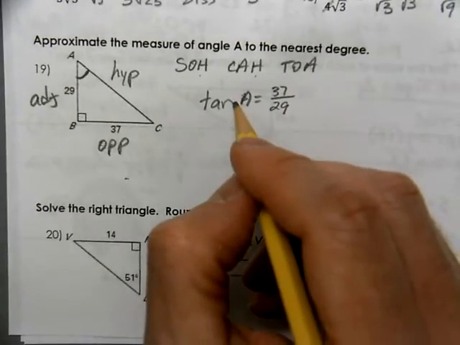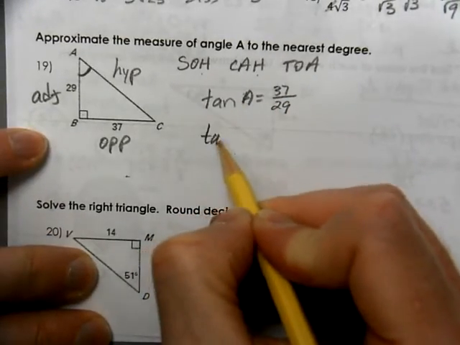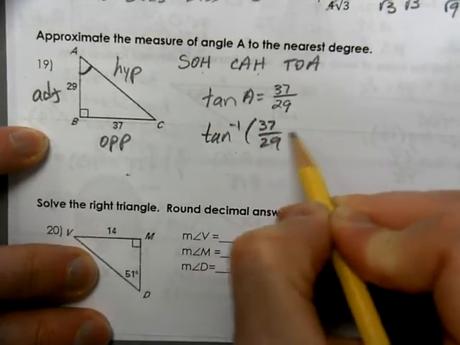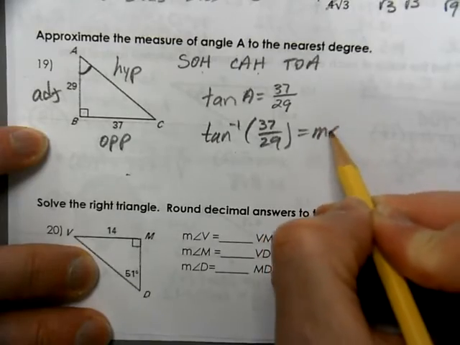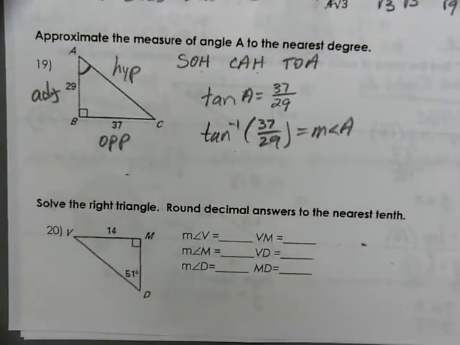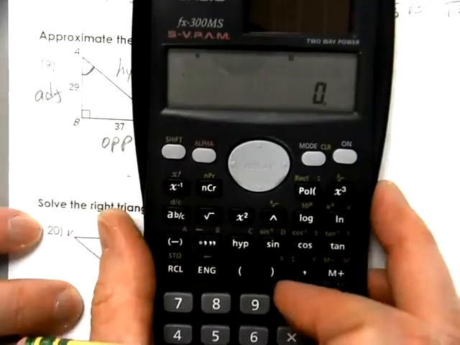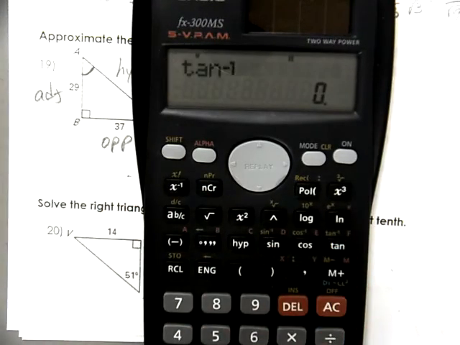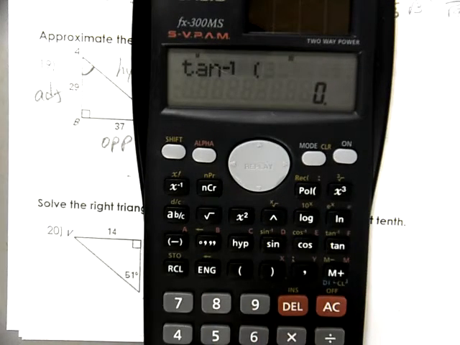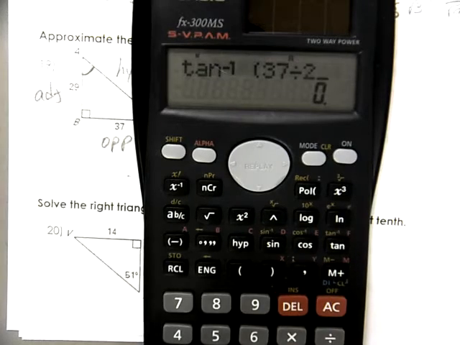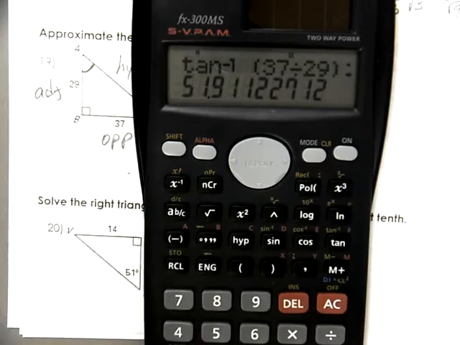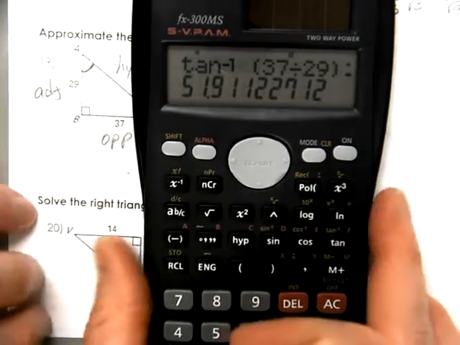Well, if I want to find the measurement of that, I'm going to say tangent inverse of 37 over 29 equals the measurement of angle A. So we have second tangent to get the tangent inverse. Got to use parentheses. 37 divided by 29. We get 51.91.